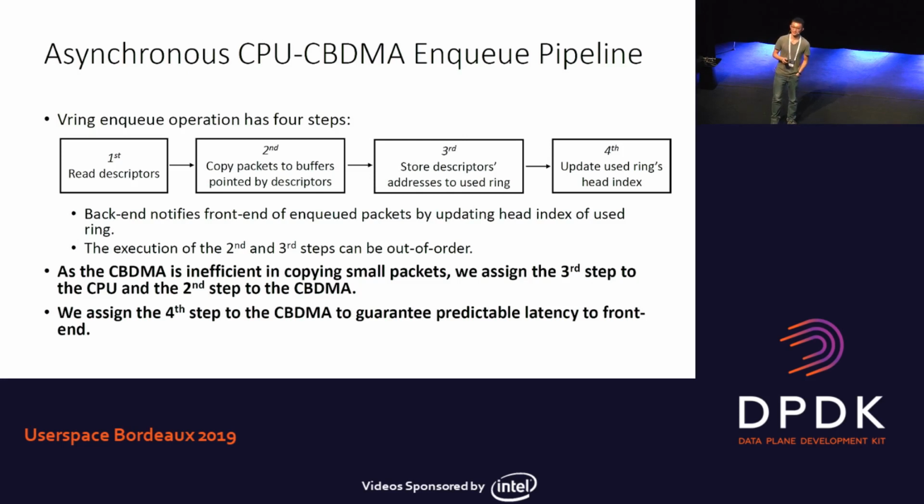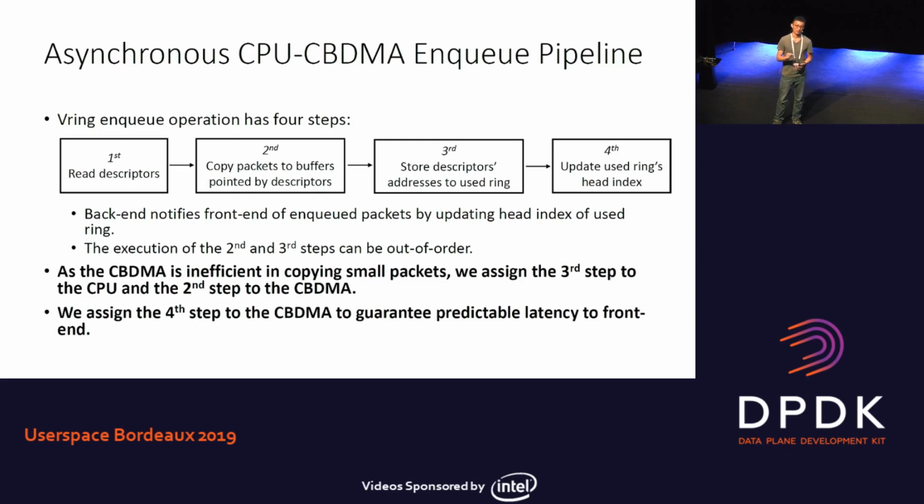There's one little problem, which is that we need to update the used ring index, just to tell the driver that you have packets coming in. If we want to do this asynchronously, we also need to let CBDMA handle that part.